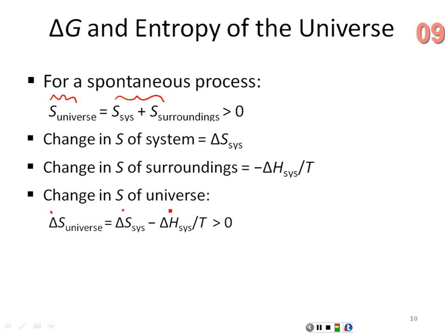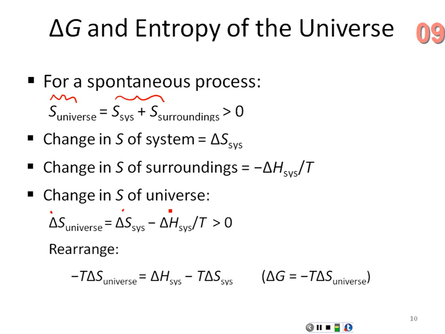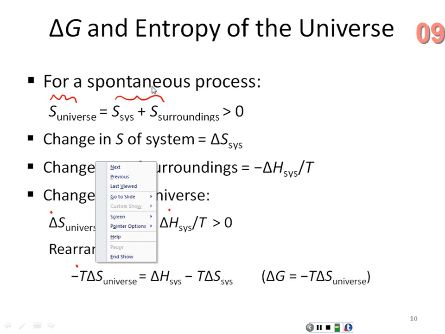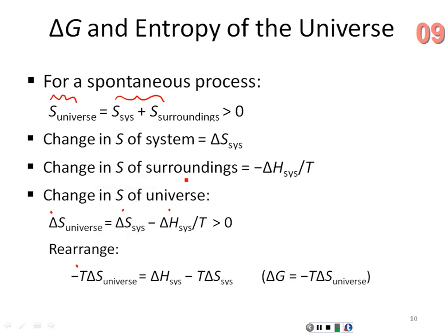If we multiply the equation through by temperature on both sides, what we get is minus T times delta S of the universe. So we're multiplying through by minus temperature, is going to equal delta H of the system minus T times delta S of the system.